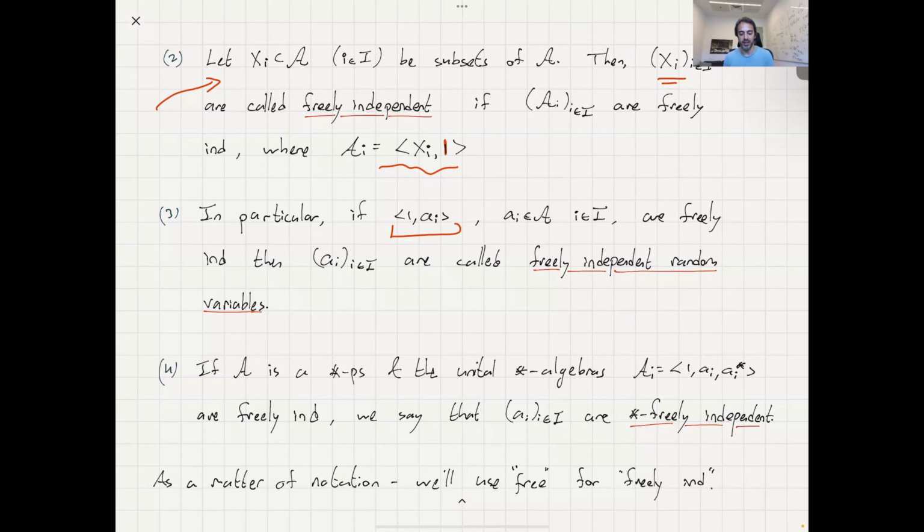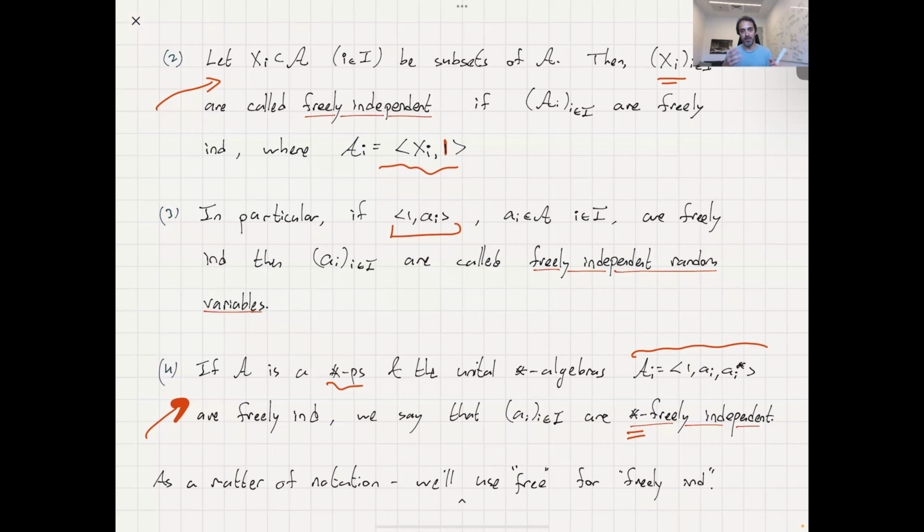Nothing to it. And also, if you are in the situation of star probability spaces, then what you require for the ai's, the random variables, to be star freely independent is that the corresponding star algebras are freely independent.